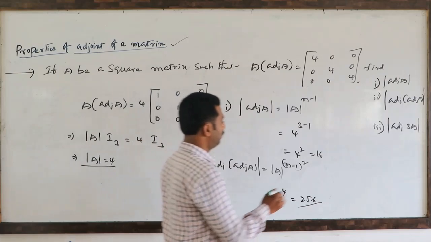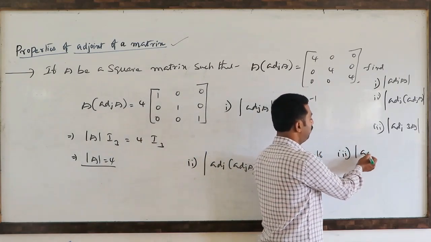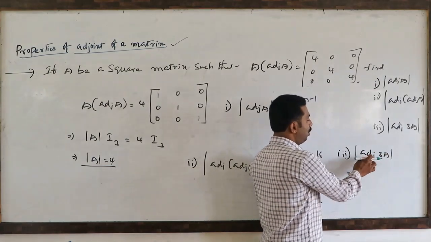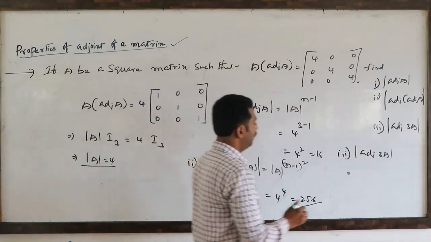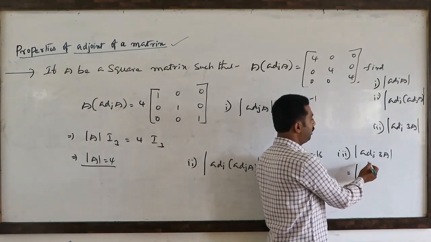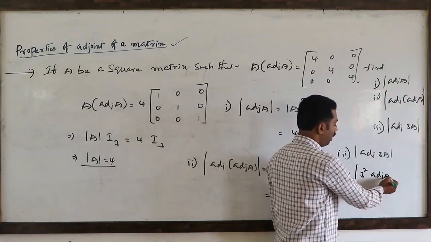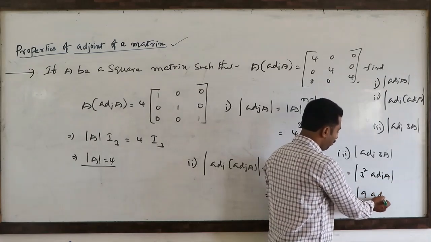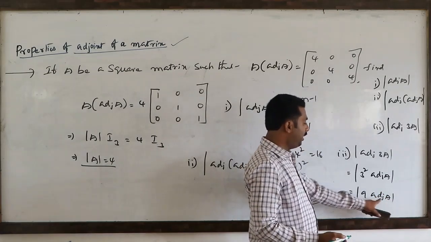Third one you observe: determinant of adjoint of 3A. Adjoint of kA means k power n minus 1, so here 3 square into adjoint of A. So the determinant of 9 into adjoint of A. This is a determinant of kA type.